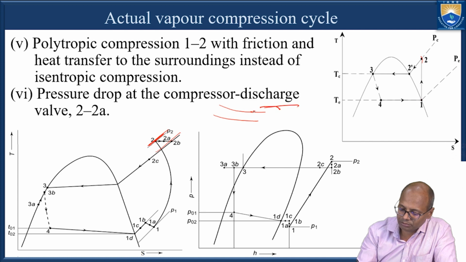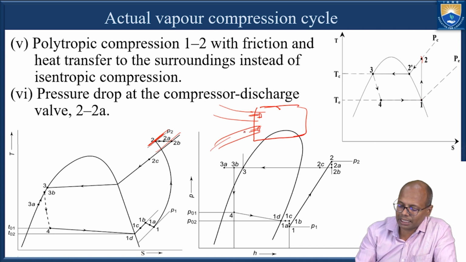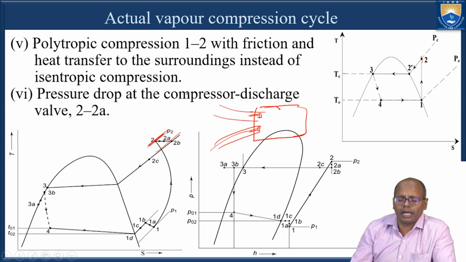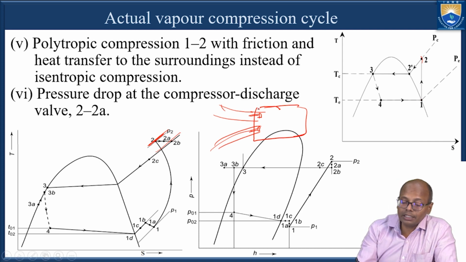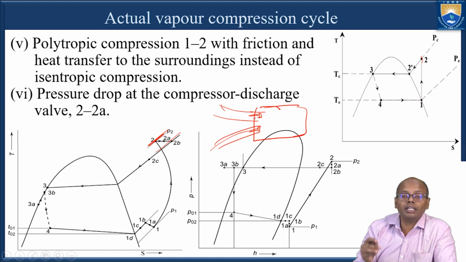Suppose this is the compressor, we have two valves here, one like this and the other like this. This is the suction valve, suction line and suction valve, and this is the discharge valve and the discharge line. Here again at the discharge valve, the area is getting reduced because of the presence of the valve, and because of that the fluid again experiences a wire drawing effect, and there will be a pressure drop. So at the suction valve and the discharge valve there is a pressure drop.